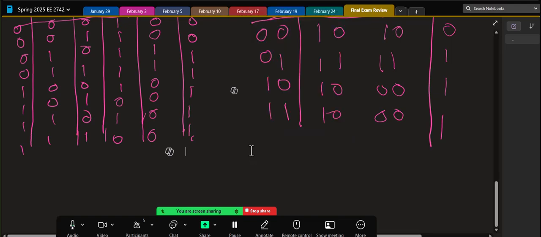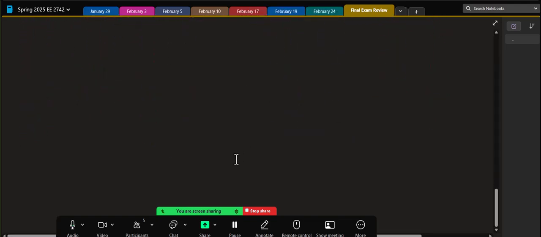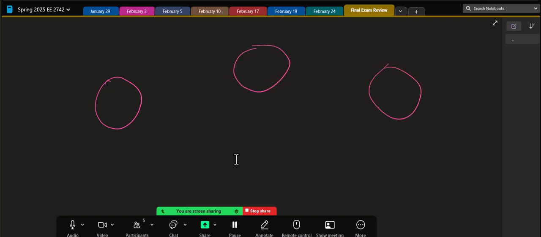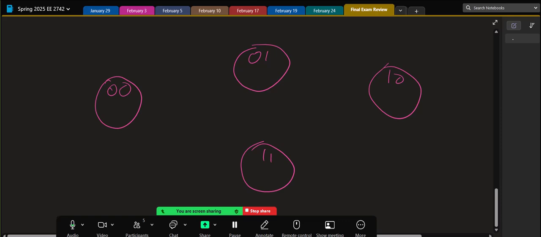So we have 4 states: 0, 0, 0, 1, 1, 0, and 1, 1. And we can write our output on the state itself because it's a Moore machine.